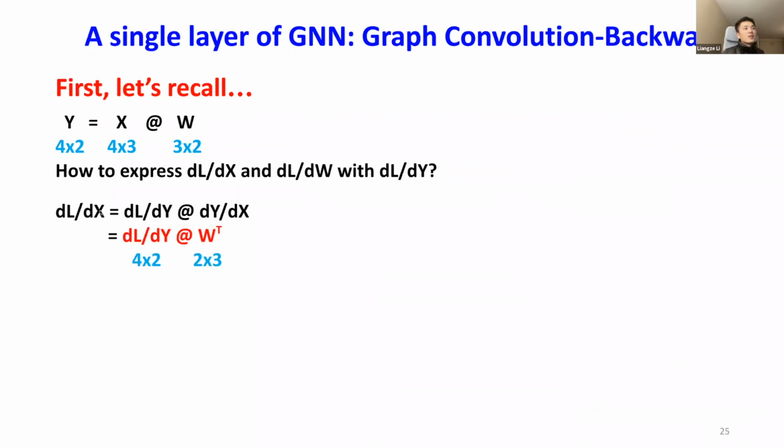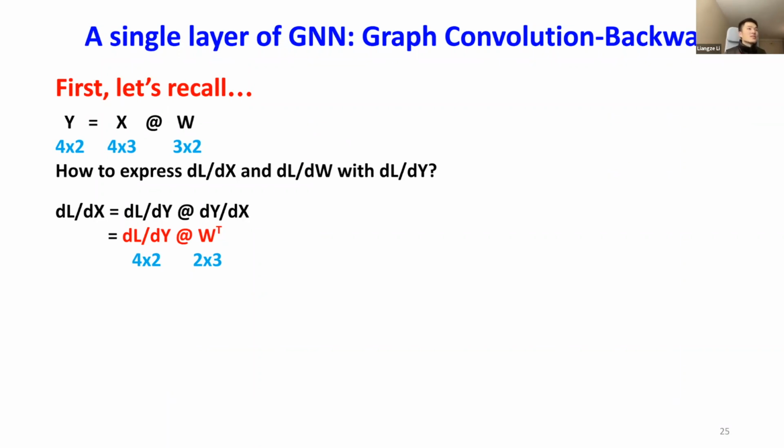Taking the derivative of the loss L with respect to X turns out to be pretty easy, because we take dL/dY and dY/dX and we multiply them together. That gives us dL/dX by chain rule, right?